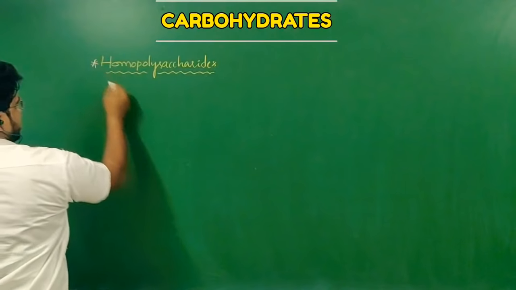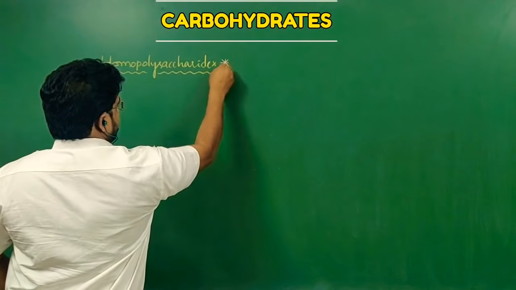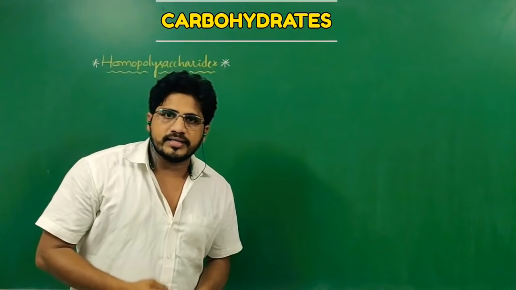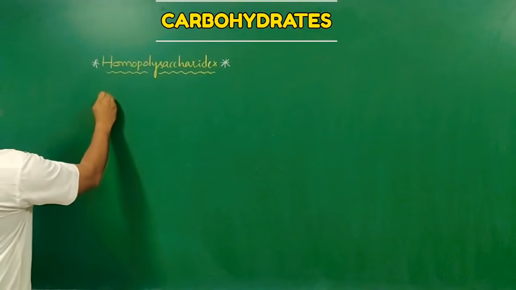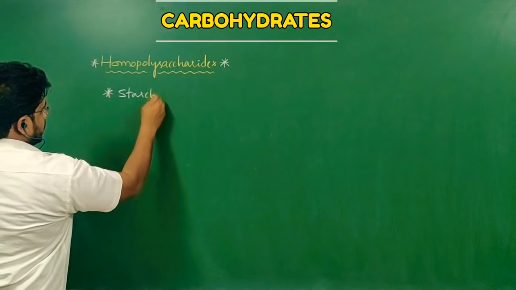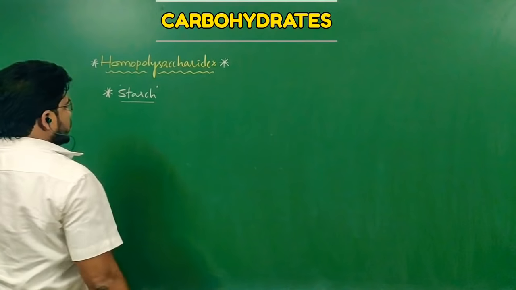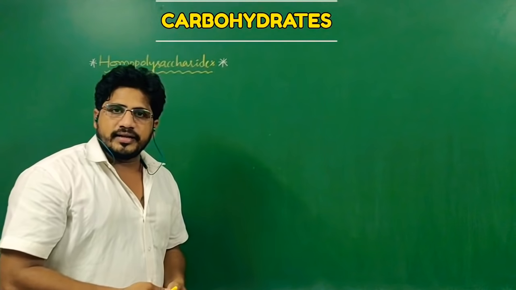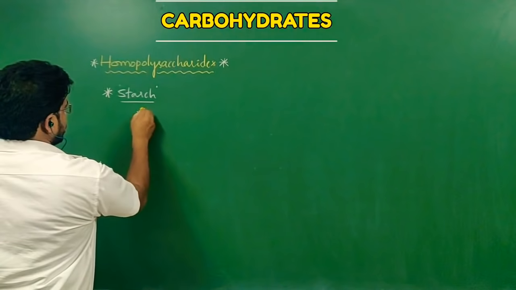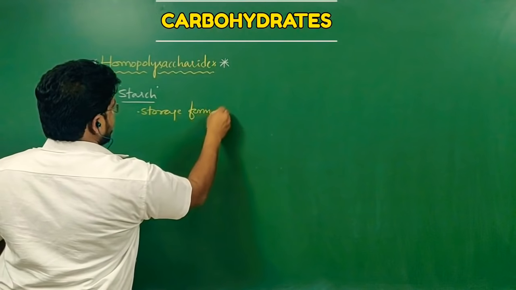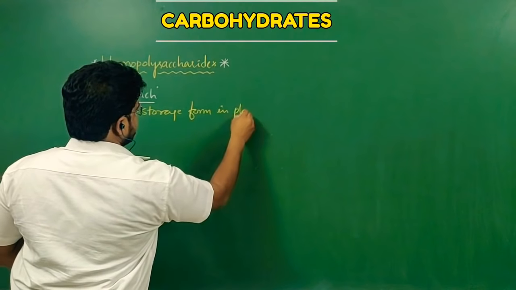Let me discuss the first category of polysaccharides. They are homopolysaccharides. In that, the first example is starch. Do you know something about starch? Starch is a storage food material in plants, the storage form in plants.